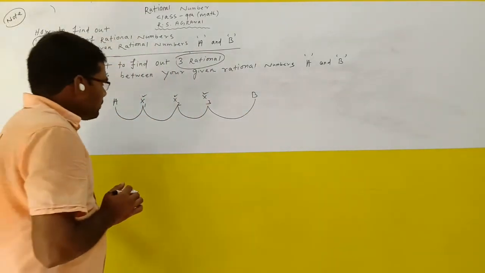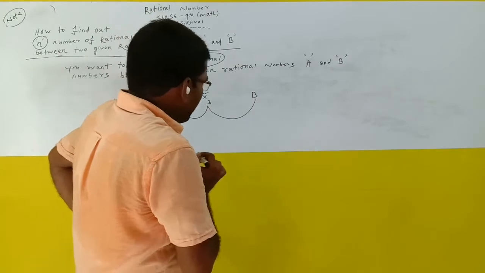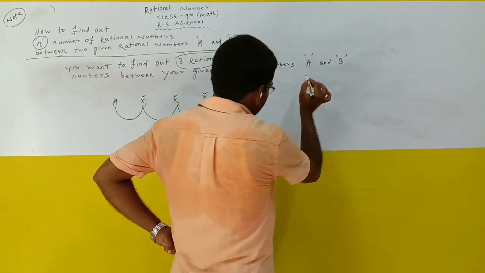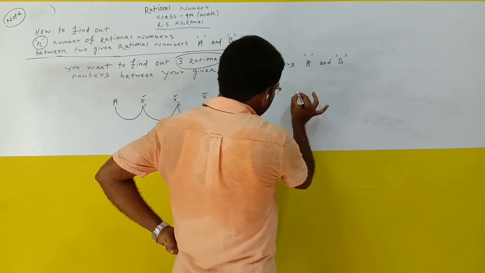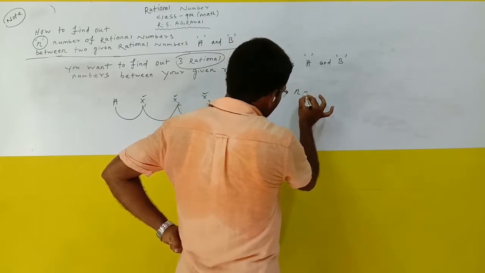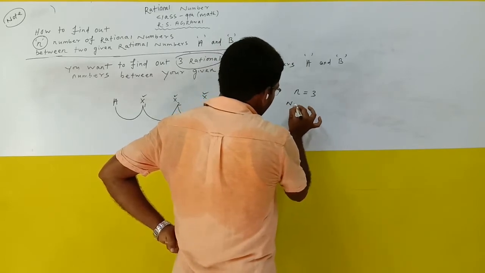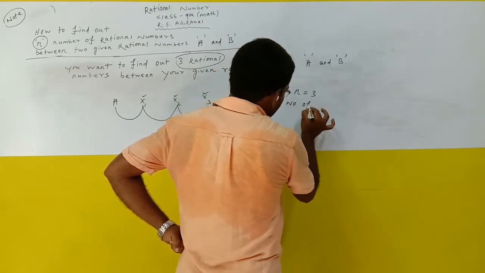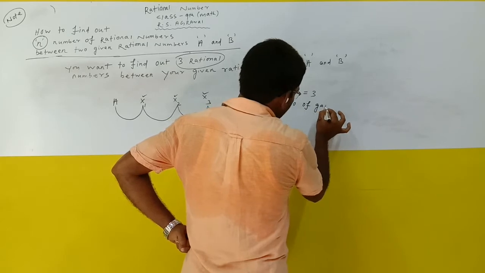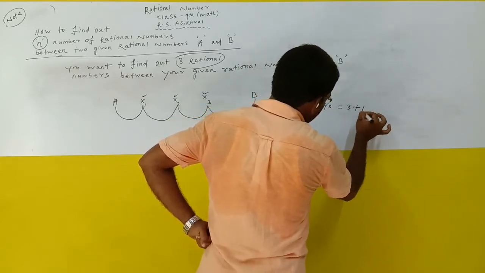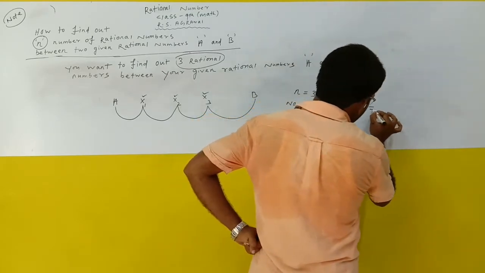It means if you want to find out three rational numbers, that is value of n equal to 3, then number of gaps will be 4, that is 3 plus 1 equal to 4.